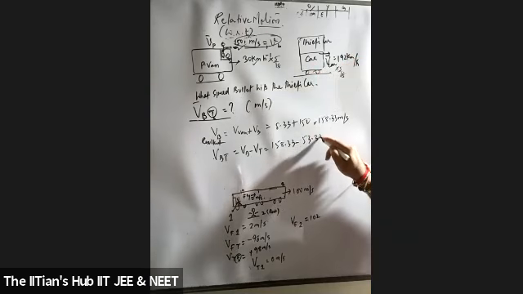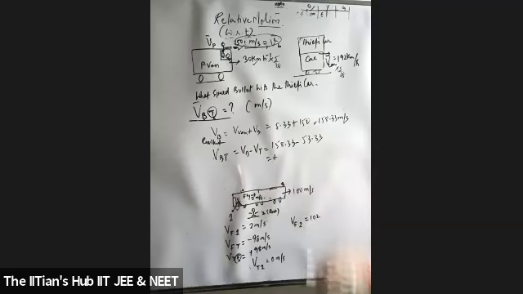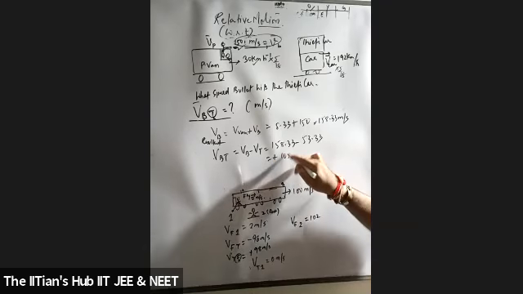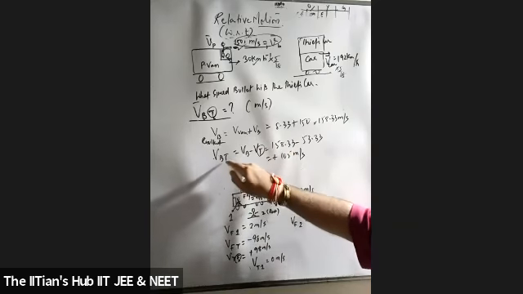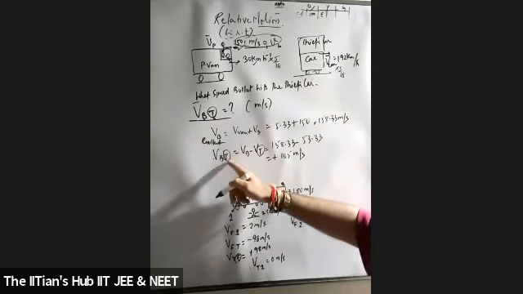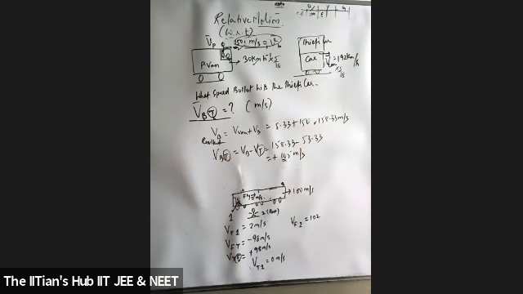So what will my answer be in positive? The difference will be 105 meter per second. That means what exactly will the thief say? The thief inside the car will say that the bullet is coming towards him with 105 meter per second. Agreed, students?